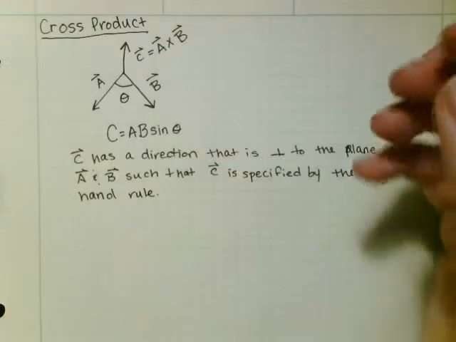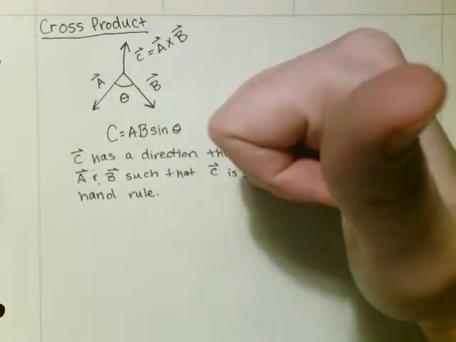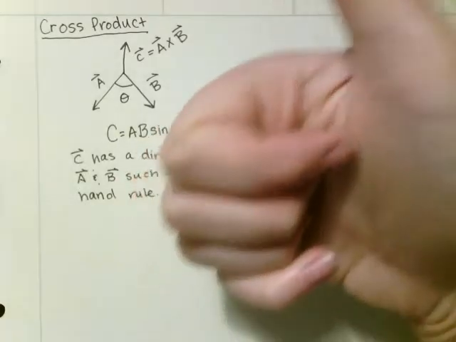So for instance, in this problem, using the right-hand rule, we'd get A cross B, and C would be pointing up, just like it is.